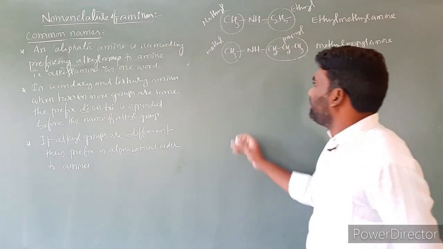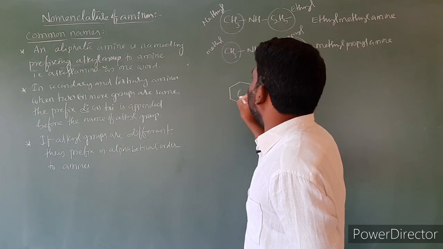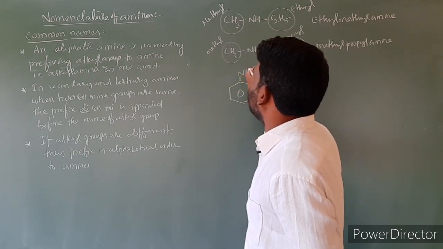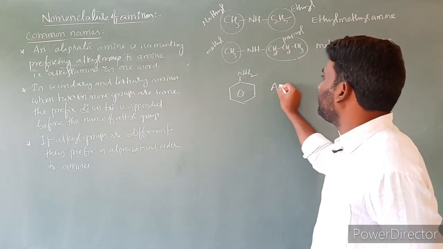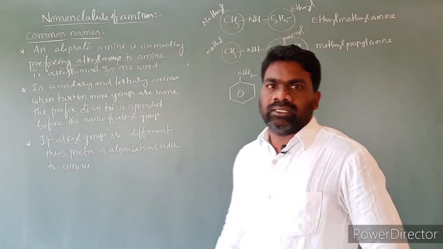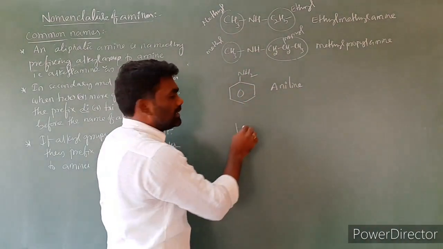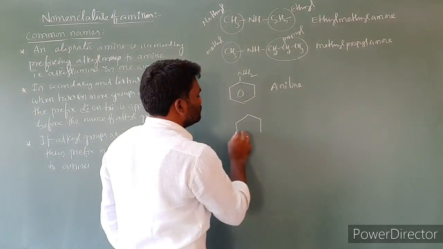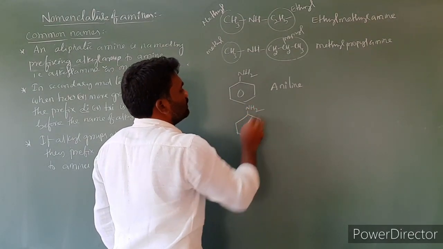Let us take some aromatic compounds. So I'm taking a benzene ring upon which an NH2 group is present. Upon the benzene ring, when an NH2 group is present, we call it aniline. The common name of this compound is aniline. I'm taking aniline, right?